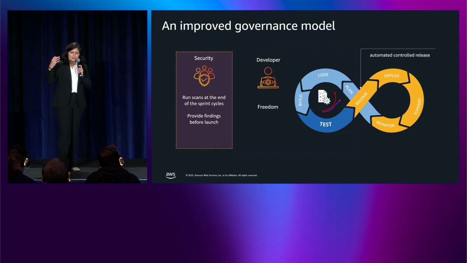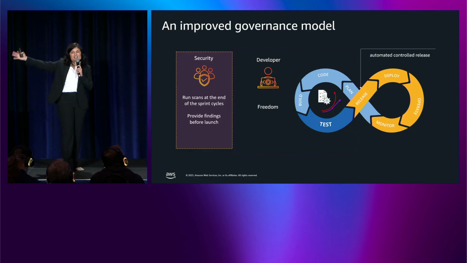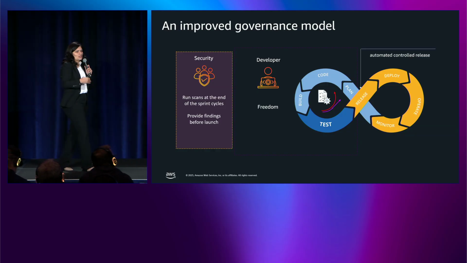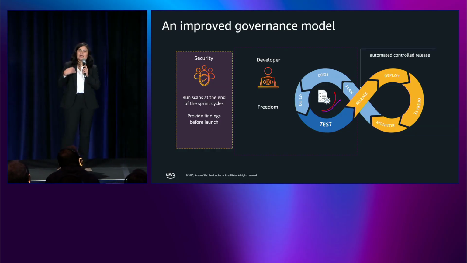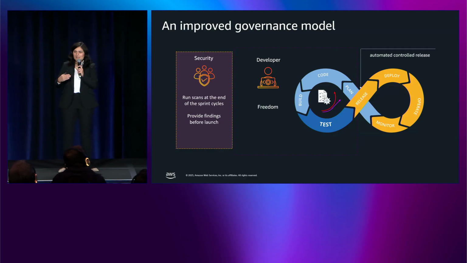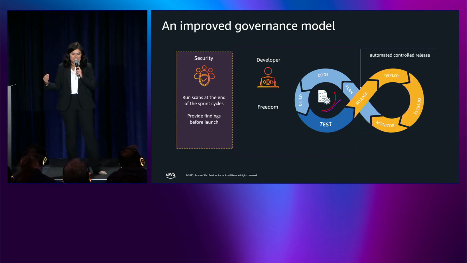So instead of the developers having full freedom to just iterate the code but then find out later and slow them down, we want to give them incremental information as they're doing PRs, as they're merging code back to the main, to show them that, hey, here are your top vulnerabilities. Let's go fix them. Give them guidance of here's what I recommend your fixes to be as you write the code.